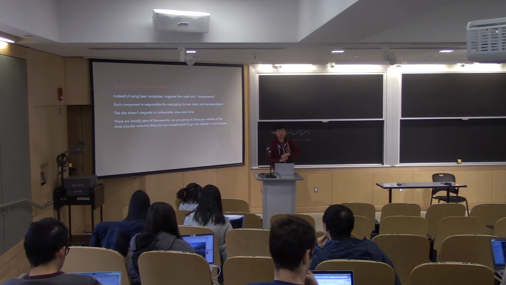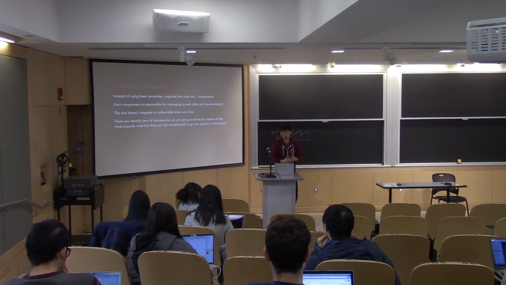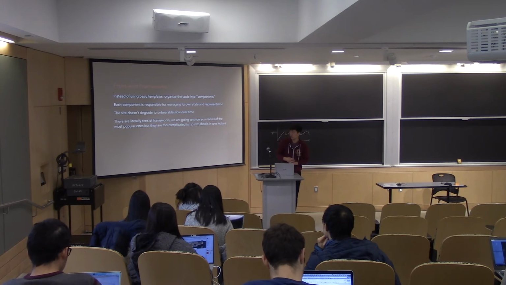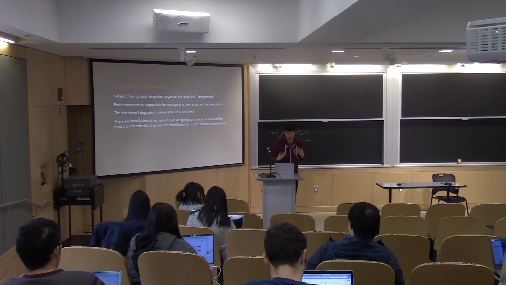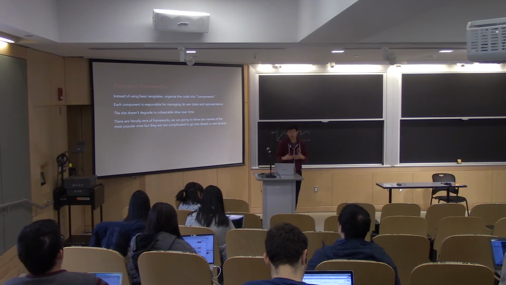And that works okay when you have a small app, but when you have a lot of things going on, that can become slow, inefficient, and it might be difficult to work on this code base. So in this case, people started using templates, and then templates became too slow, and they started using other more complicated frameworks. And now the trend is focused not only on performance, but also on the structure of the code.